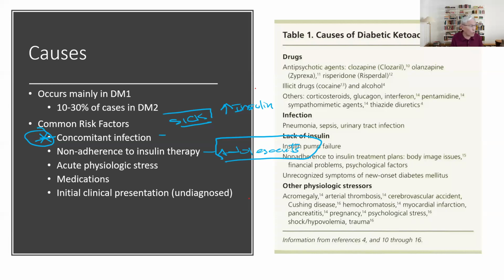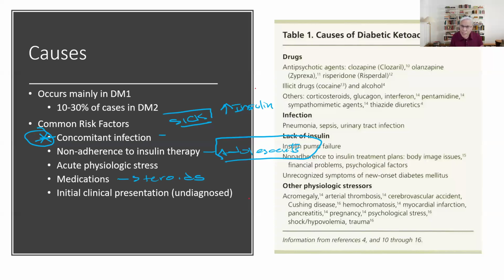Certain medications, such as glucocorticoids, and when I say glucocorticoids, I'm referring to steroids, and some antipsychotic agents can also precipitate the increase of your glucose and carbohydrate metabolism, and therefore this has to be also considered.